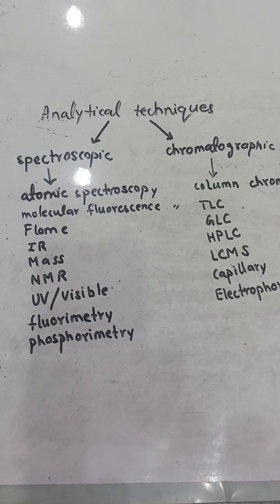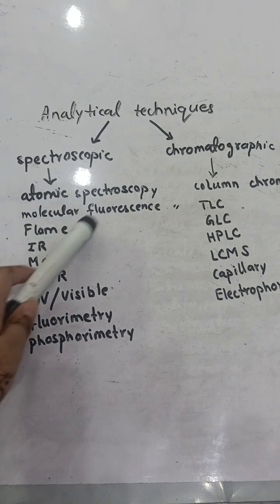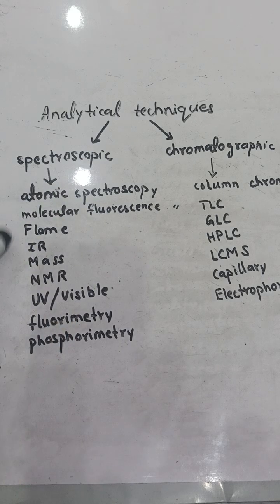Here are the spectroscopy types: atomic spectroscopy, molecular fluorescence spectroscopy, flame spectroscopy, IR, mass, and NMR, which is a very important technique by which we can detect the structure of a drug, UV and visible spectroscopy, fluorometry and phosphometry. These are the types of spectroscopic methods.